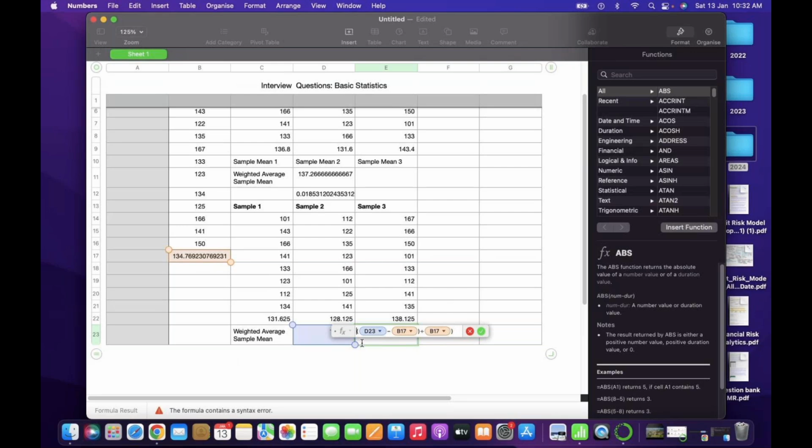I'll take the ABS, the absolute value of this.